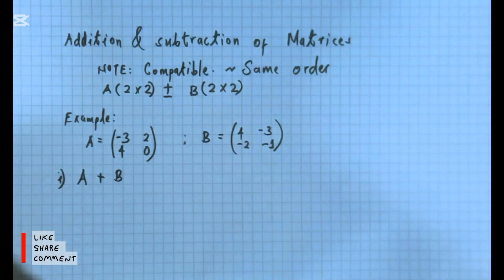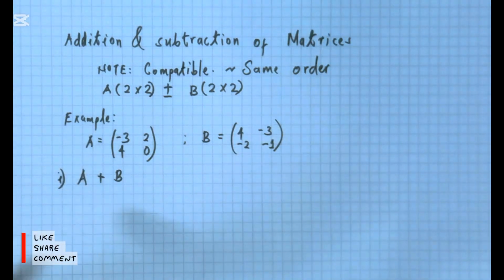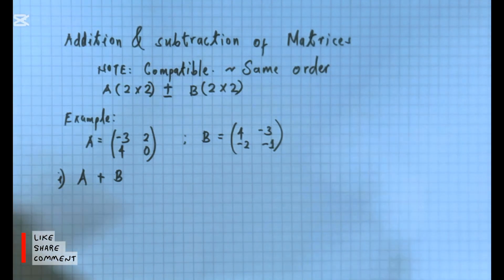One thing I want to note is that we are going to add elements that are in the same row and column. When describing positions of elements, we can only add and subtract elements in the same position within the matrix.